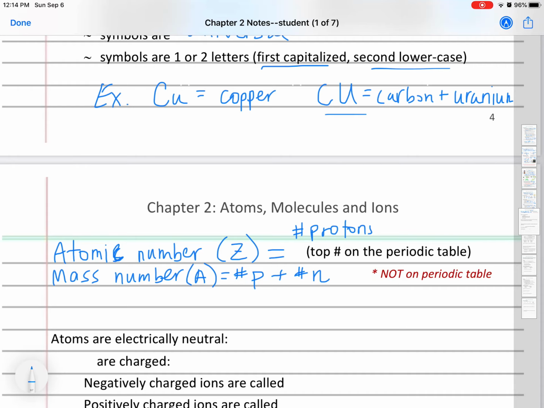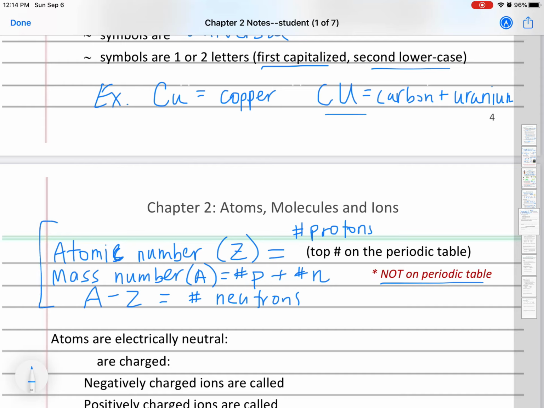It is a whole number. It's not found on the periodic table. You get it from adding together the number of protons and neutrons that an atom contains. And if you want to figure out how many neutrons the atom contains and you have the mass number, it's just a little subtraction problem. The mass number minus the proton number tells us the number of neutrons.